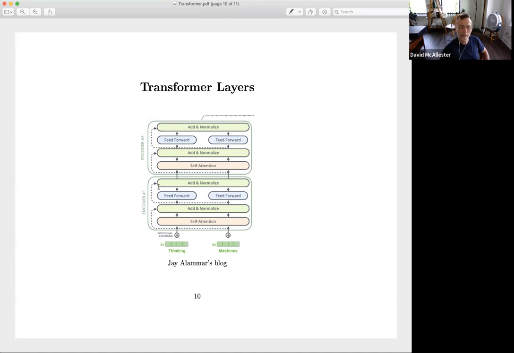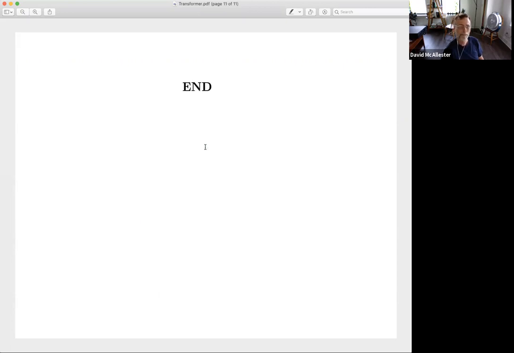Then we make that part of a residual connection, we add and then we normalize. And that's the transformer layer. So if you read a paper and it says our transformer has 15 layers, modern transformers can have 20 layers. When they say a transformer layer, they're talking about this unit of 6 sublayers. And this picture just shows 2 of them stacked together.